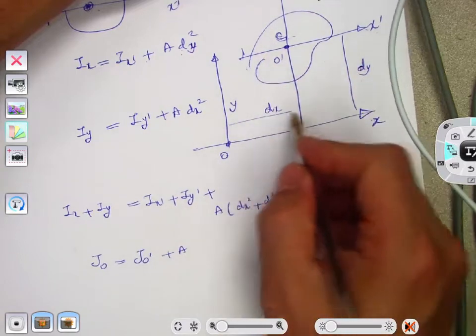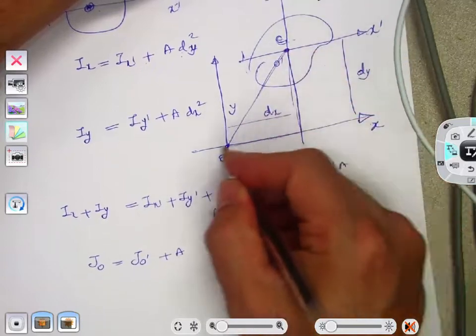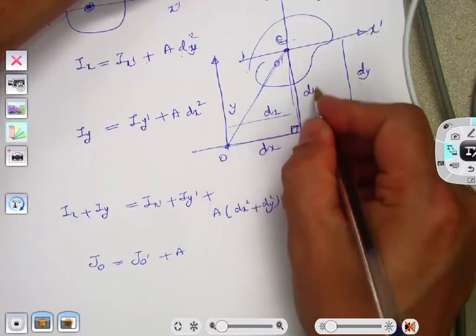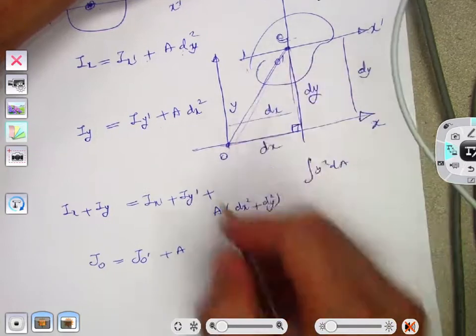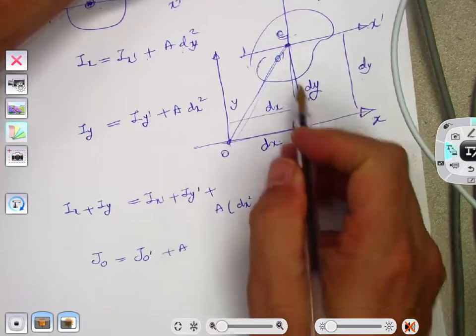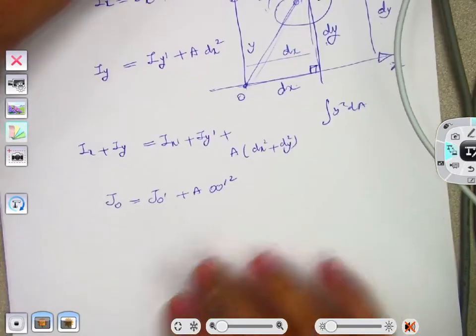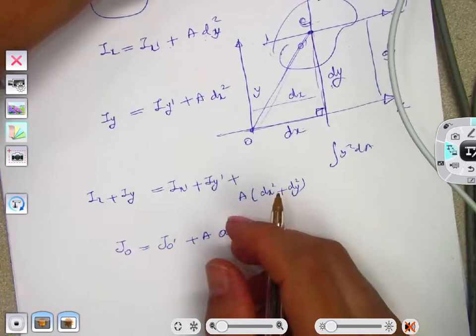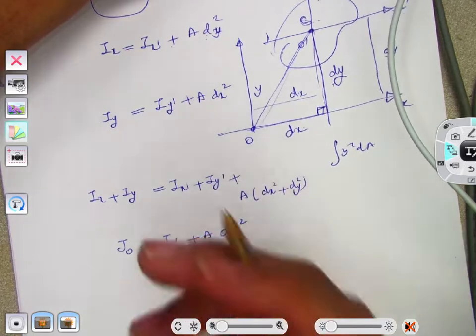If you look at this right triangle, if I build a right triangle here, this is dx, this is dy. This distance is between O and O prime. dx squared plus dy squared will be the square of that distance, and let's call it r_O, the distance between those two points.